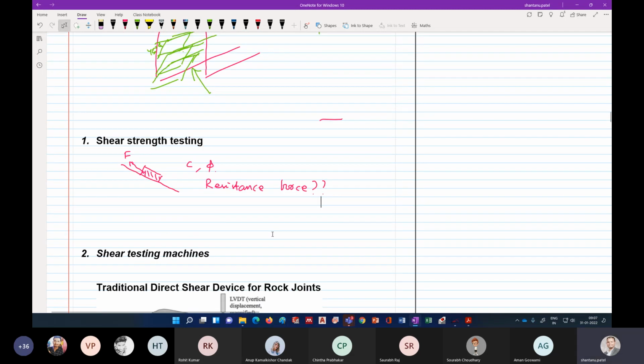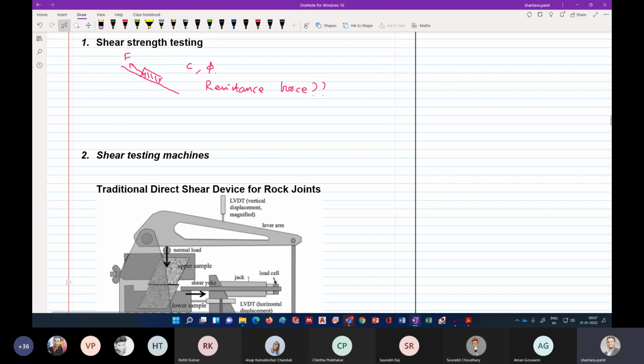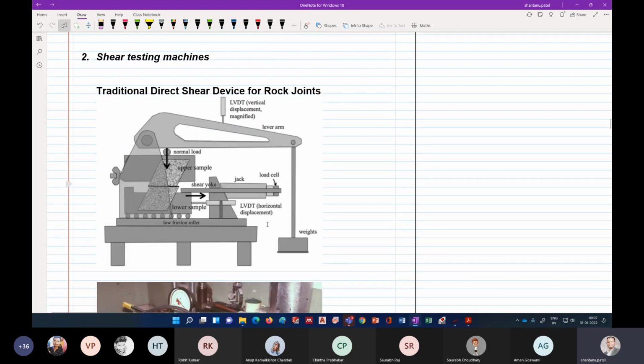So for that, first let's see what are the testing machines we have. The second year mining students, we recently learned this in our rock mechanics lab. If you remember that, I'll quickly tell about this. So we have this thing which is called our direct shear testing machine.